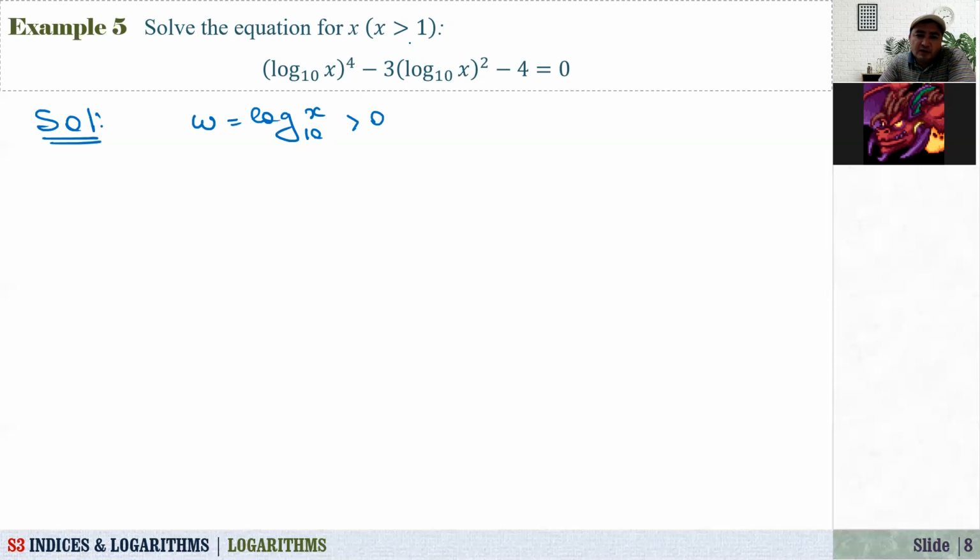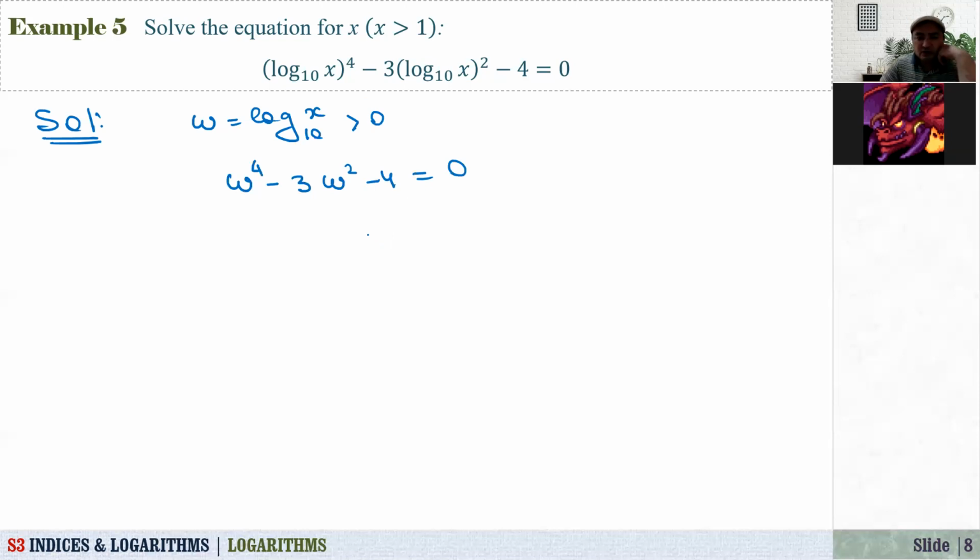Why? Because if x is between 0 and 1, the logarithm of x to the base 10 will be negative. Otherwise, it is positive. So from here, if I substitute, then w to the power of 4 minus 3 times w squared minus 4 will be equal to 0.